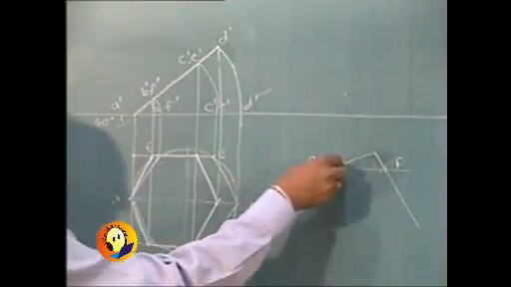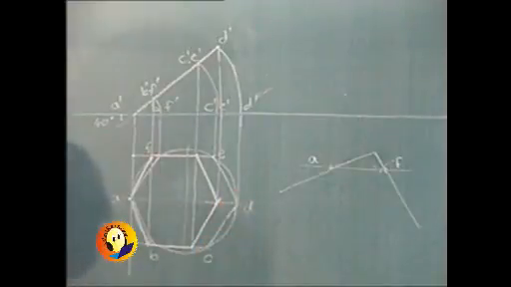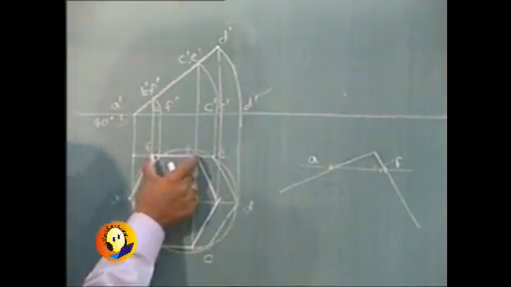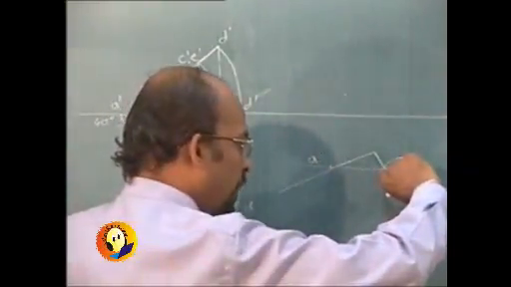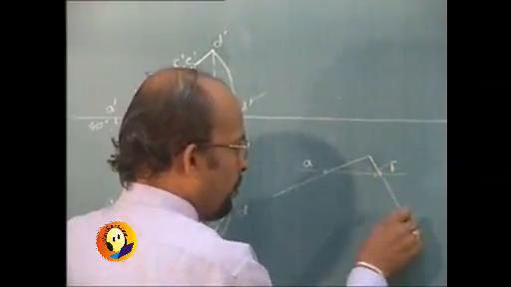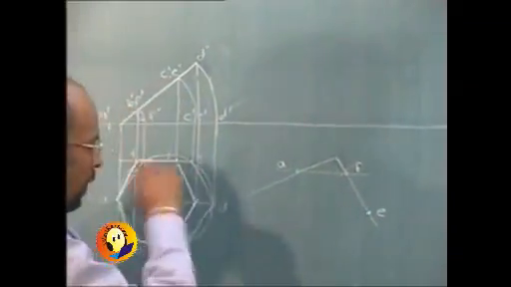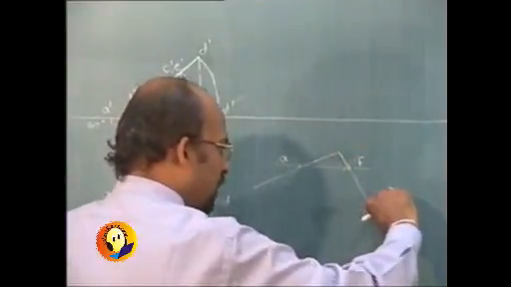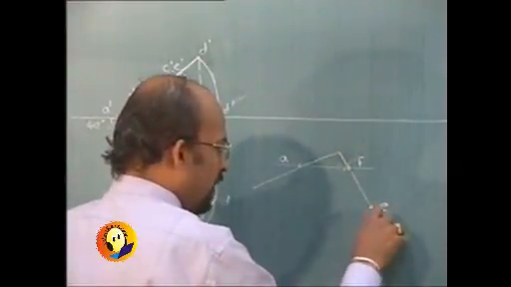So the FE distance can be marked onto this, and you can get point E. Similarly, this distance can be taken further and the rectangle can be completed.